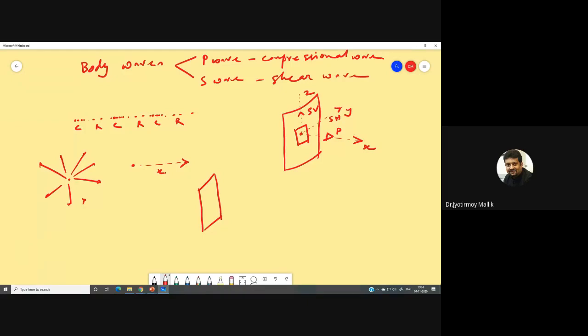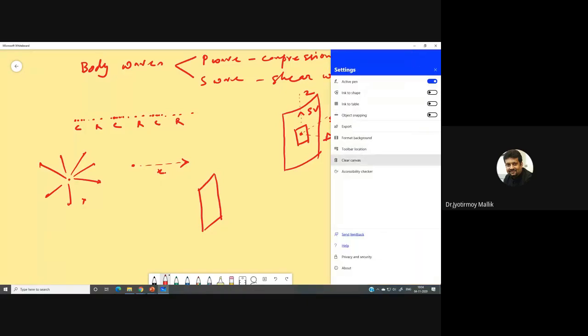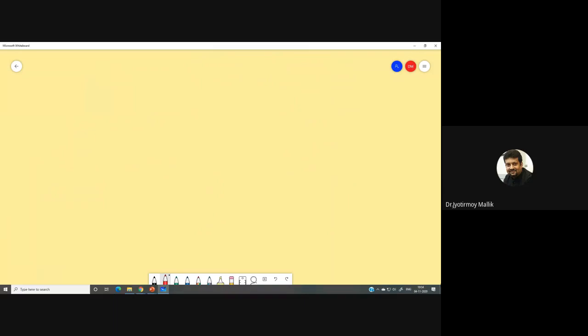Let me just clear the canvas and draw it for you because I have some derivations around it. So this is the plane, which is nothing but a very small portion of the equipotential surface. Let's say the area of the plane is Ax, and this is the direction of the wave propagation. So this is the direction X.